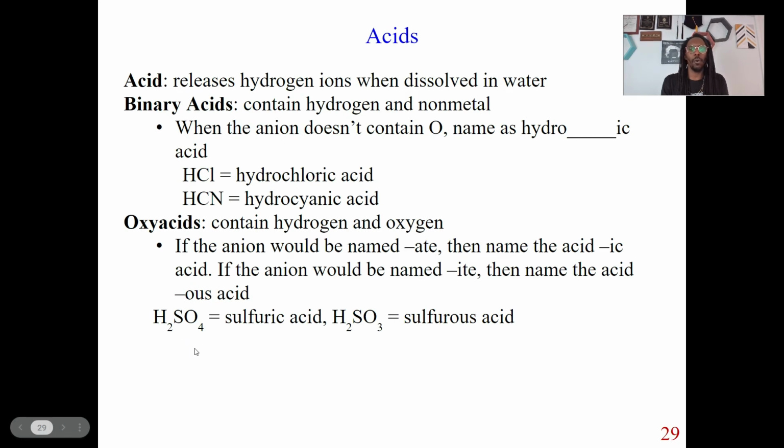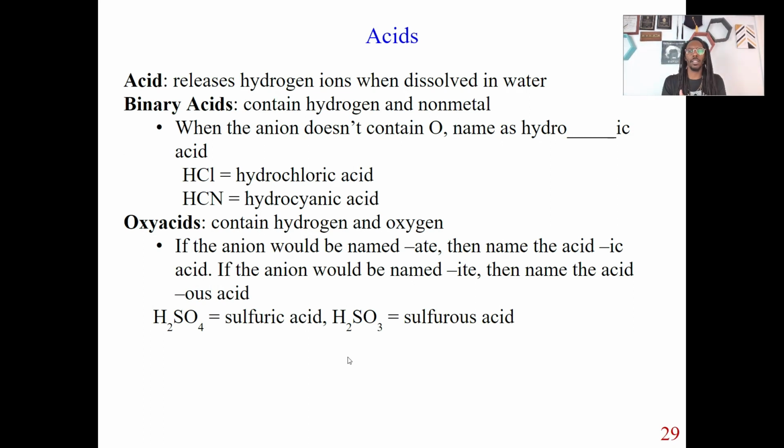I know that SO4 is sulfate. Anytime you've got an ATE polyatomic ion, you change that ending to IC acid. So this sulfate will become sulfuric acid.